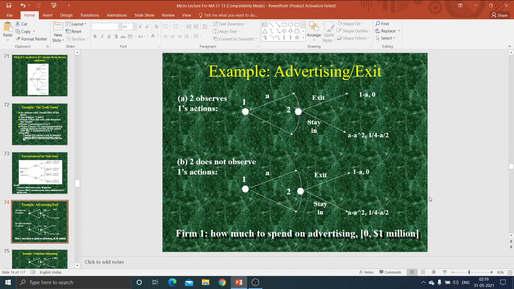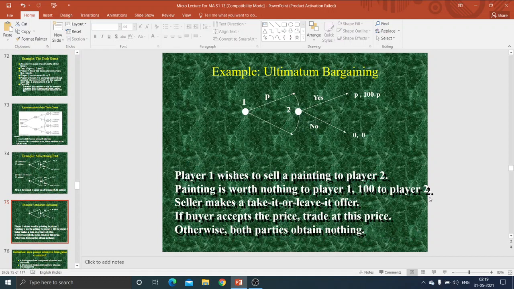Or you can refer to Osborne's theory of games, only that is for more advanced learning in game theory. Otherwise, for preliminary things, there is a chapter in Hal Varian, and many microeconomics texts carry game theory lessons, so you can very well refer there, and you will see all these examples.